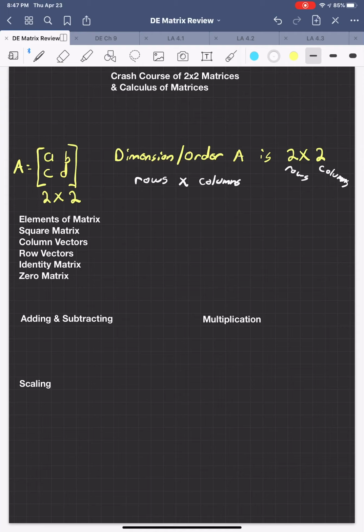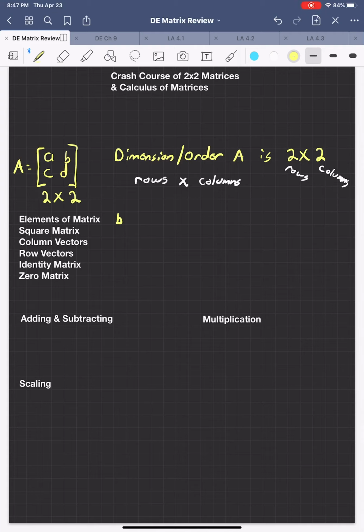Now, let's start with the elements of a matrix. For example, in this 2 by 2 matrix A, the entries a, b, c, d are elements of the matrix. Let's take b.